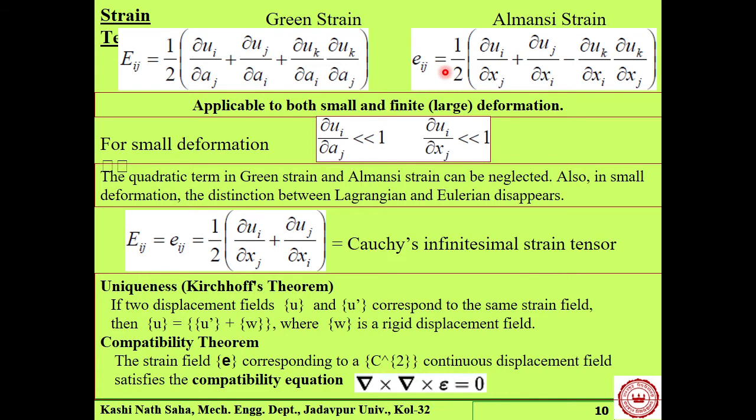And so, neglecting this part, what we get is the same measure here. So the quadratic term is neglected, keeping only the linear term, what we get is called Cauchy's strain tensor. It is named similar to our Cauchy's stress tensor also. Now, this is what we will be using in our 2D analysis, for today's lecture.